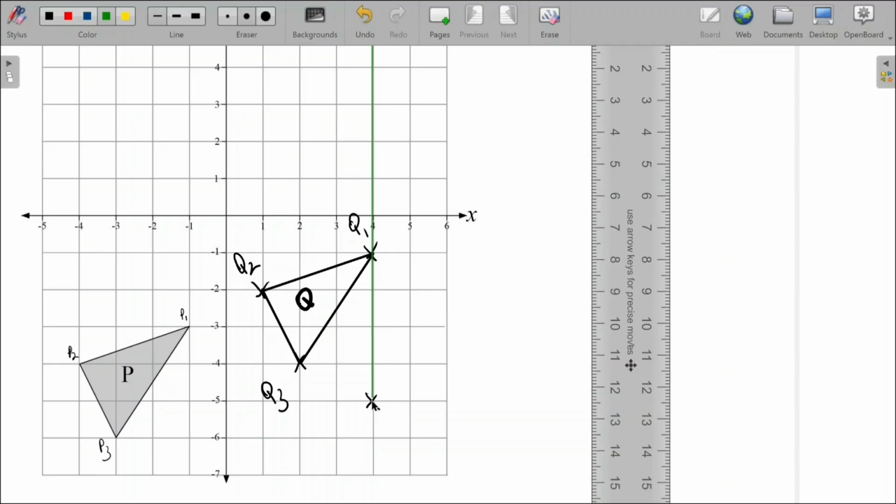If the distance from the point of enlargement to Q1 is, say, 4, and it's enlarged by a scale factor of 2, you multiply 4 by 2, that's 8, and from this point you measure 8 on this straight line to get point R1.